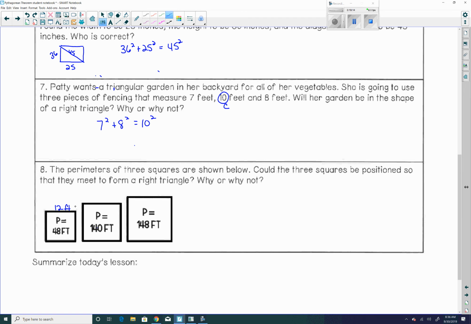The one in the middle, 140. So grab your calculator real quick and plug in 140 divided by 4, and that's going to be 35. And the largest one, 148 divided by 4, is going to be 37.